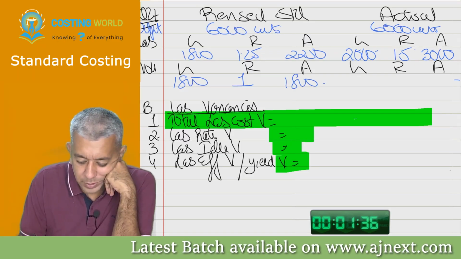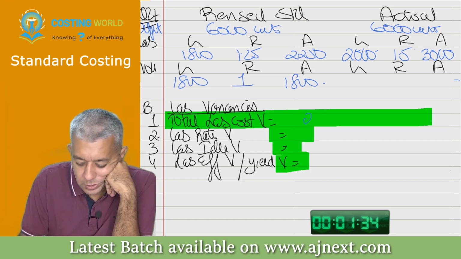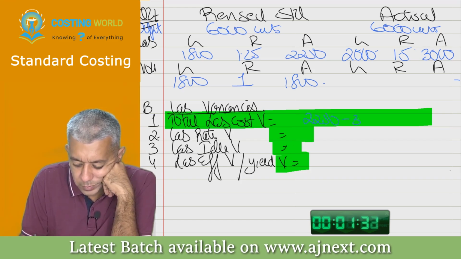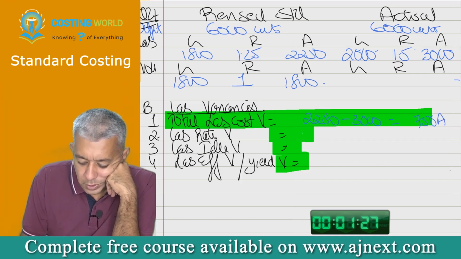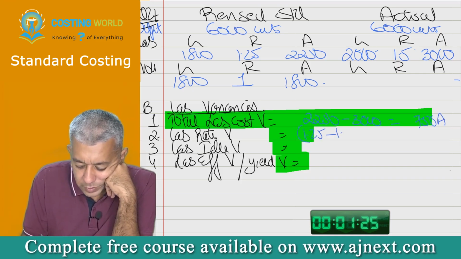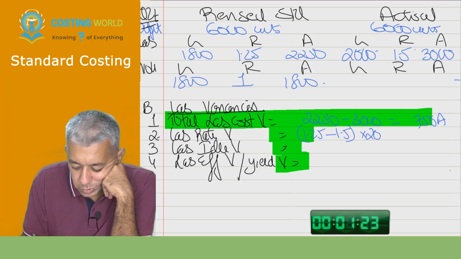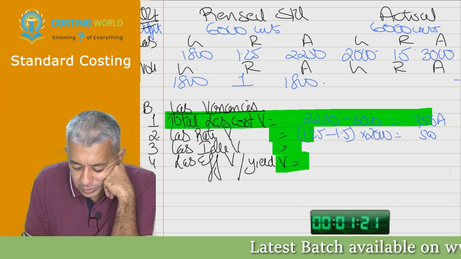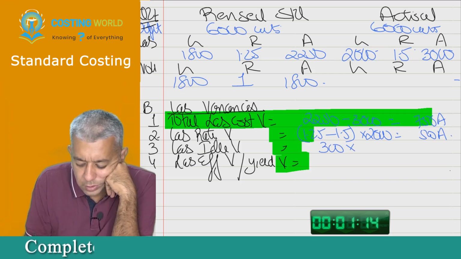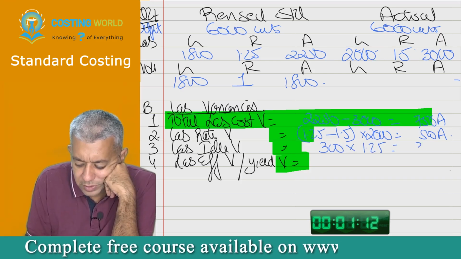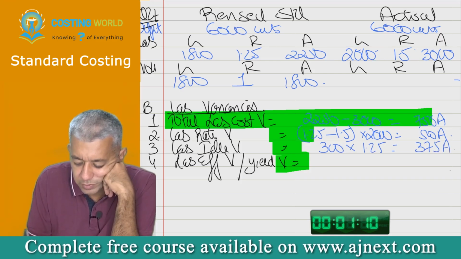If for some people it is not tallying, see this. 2250 minus 3000, obviously 750 adverse. 1.25 minus 1.50 into 2000, this is 500 adverse. Now in 2000 hours, how many are idle hours? 300. 300 into 1.25, this variance is always adverse, 375 adverse.